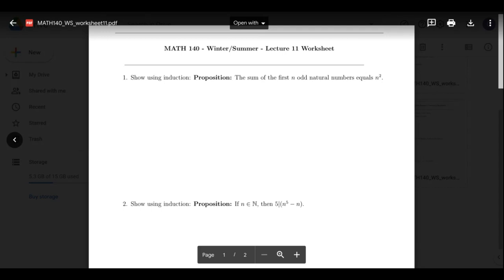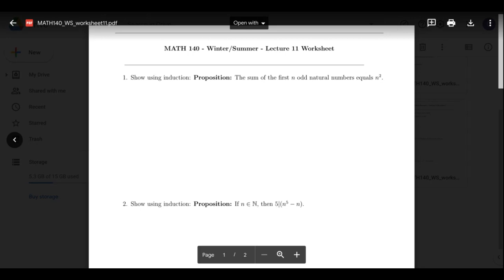Whoa, Maria, what are you typing? You're typing 2n plus 1 equals n squared? That's totally wrong. 2n plus 1 equals n squared only works for certain numbers. No, it doesn't work for any number actually. P of 1 doesn't equal 1 squared.